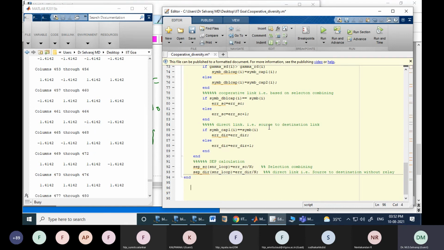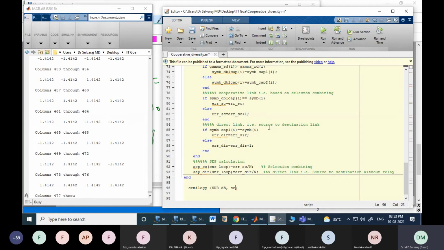Let us plot. The x-axis is already in dB, therefore for the y-axis only I have to take the logarithmic scale, so I choose semilog y. SNR is already dB. On the y side there are two things.